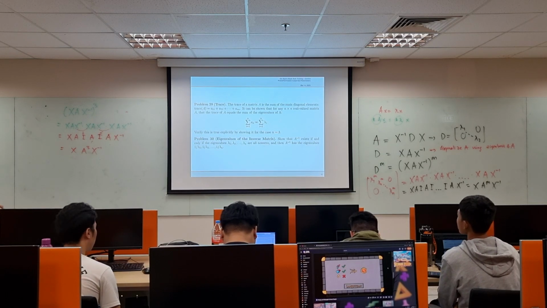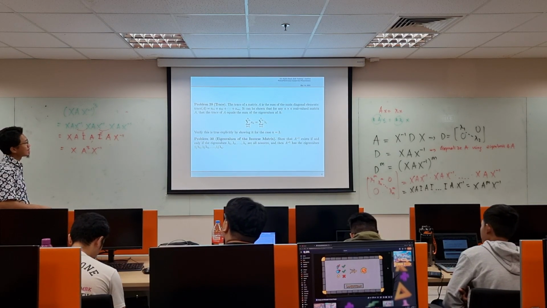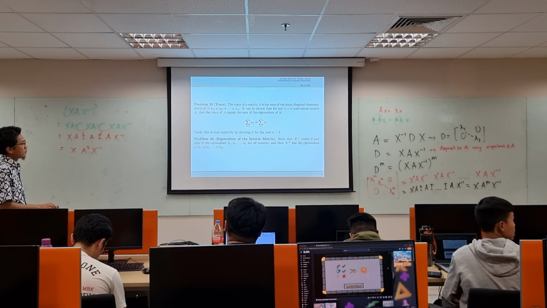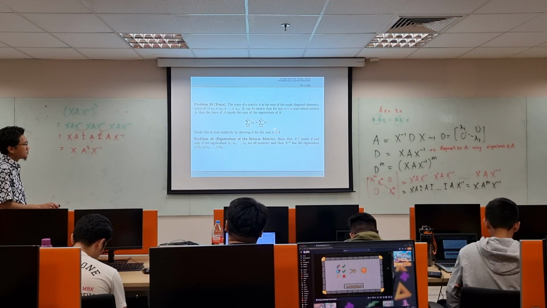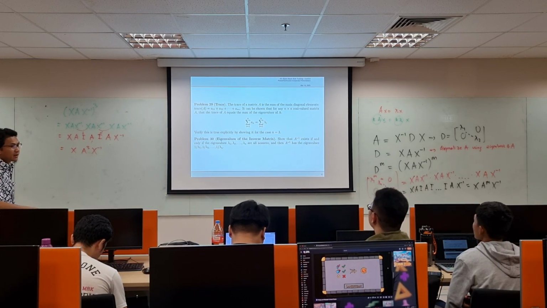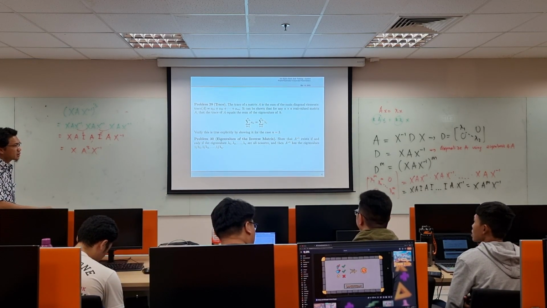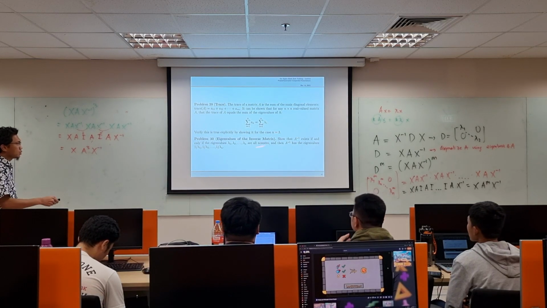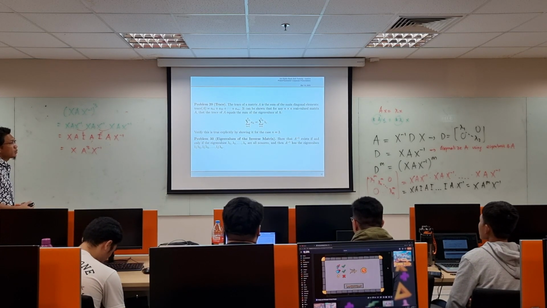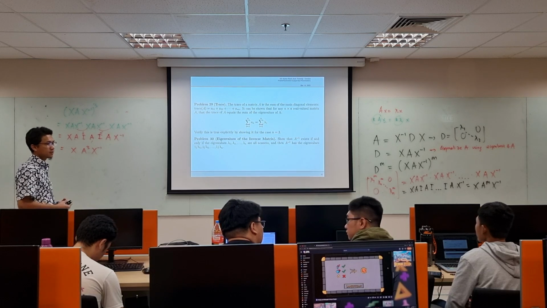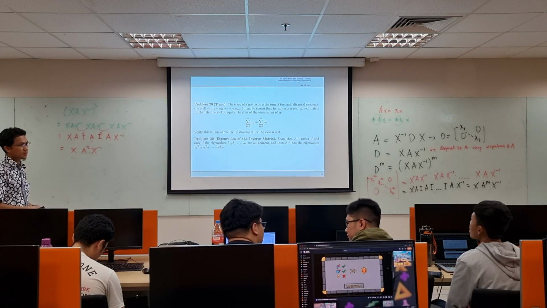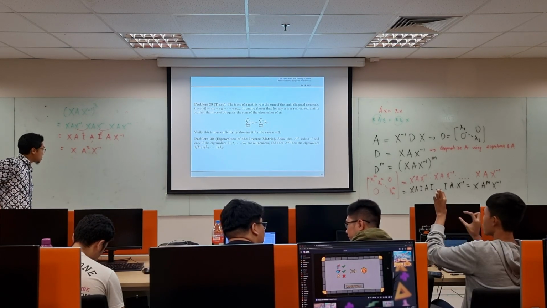Okay. The next topic is about trace. You can use any matrix to show it. Just assume you have a 3 by 3 matrix and show it. In this case, the trace of matrix A is the sum of the eigenvalues. Suppose we have 1, 1, 1.